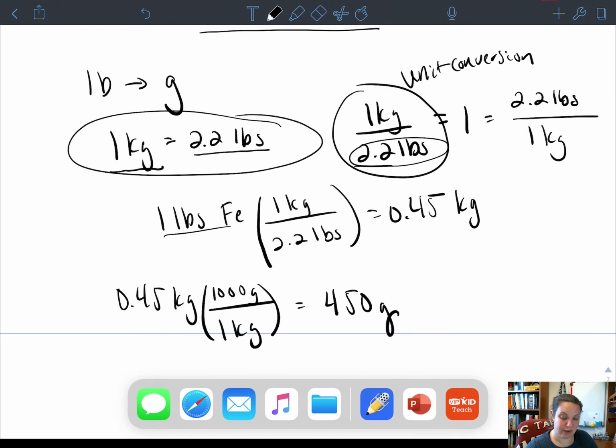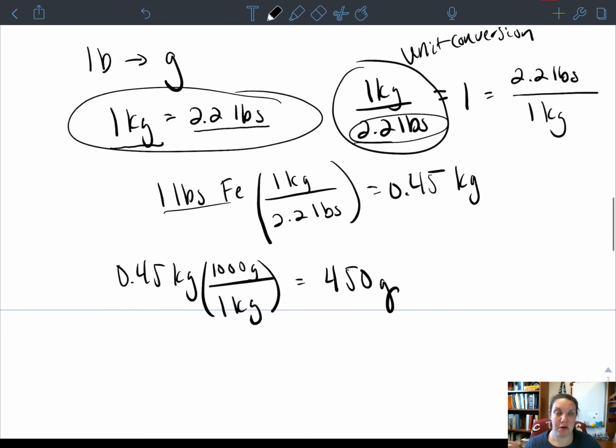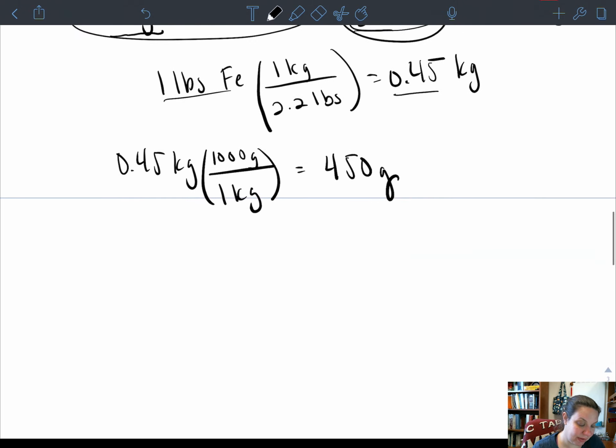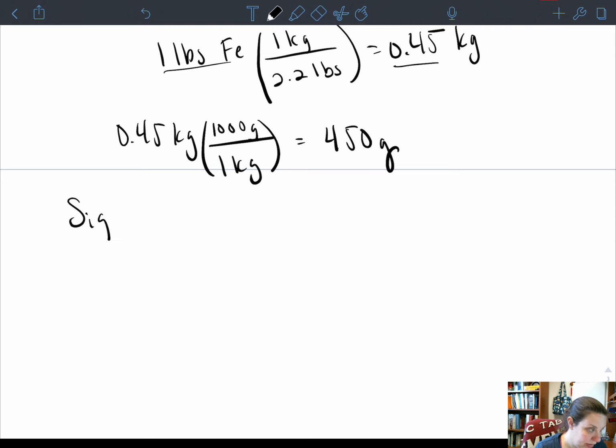Now, you might ask yourself, how many decimal places? Like, I did 2 decimal places there when I divided it out. But when you actually do that math, you get 0.4545454545 repeating. And you might wonder, how can I tell how many decimal places to use? And this brings us into significant figures.